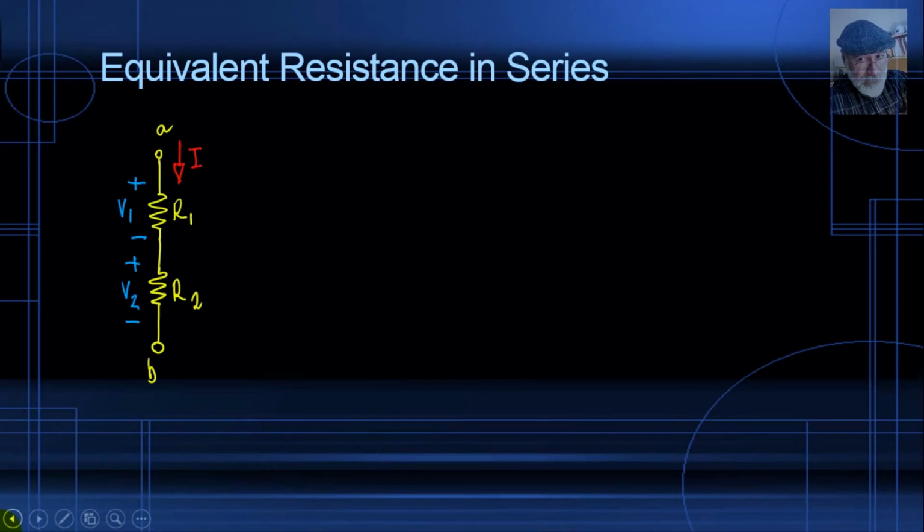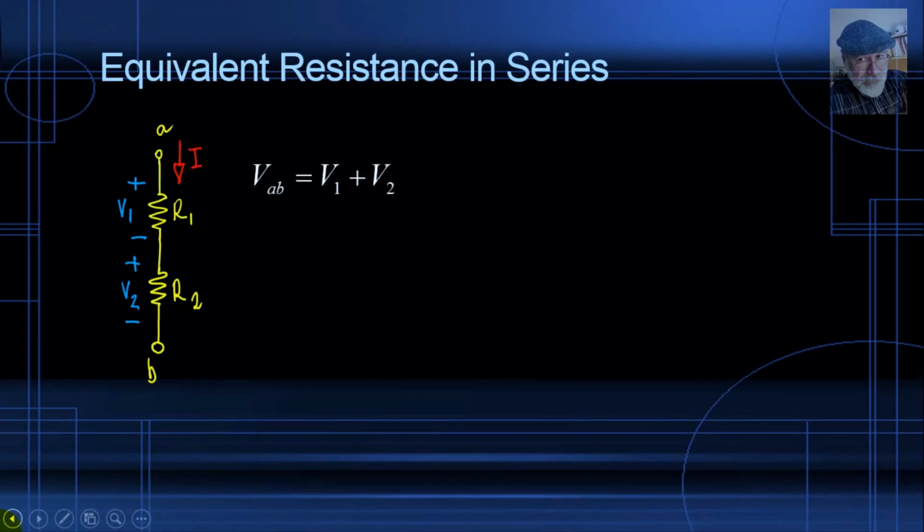Do you agree with me that the middle node is higher than B by V2, and that the top node A is higher than the middle node by V1? So A is higher than B by V2 plus V1, right?